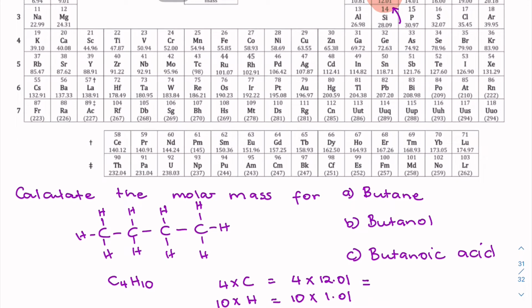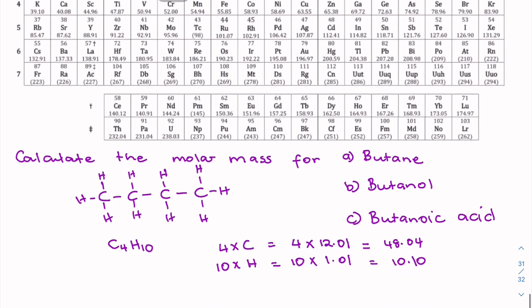If we multiply and add these values, we have 48.04 for carbon, and for hydrogen we have 10.1. Adding these two together, we get 58.14. This is the molar mass for butane.